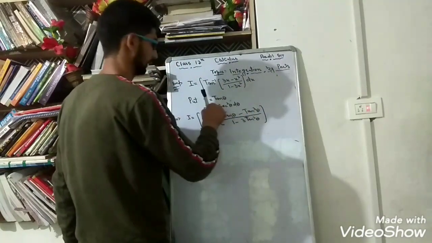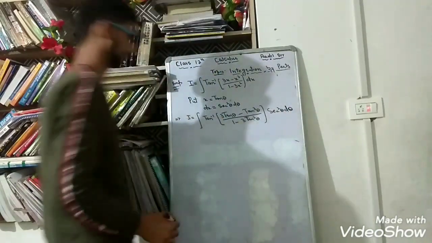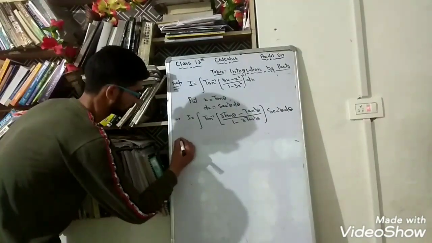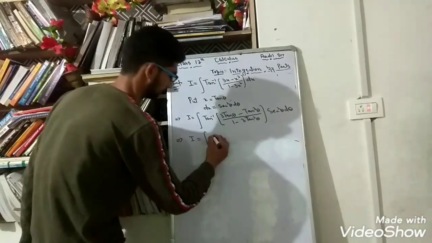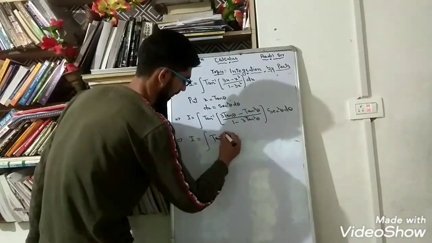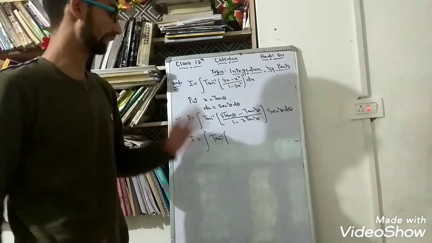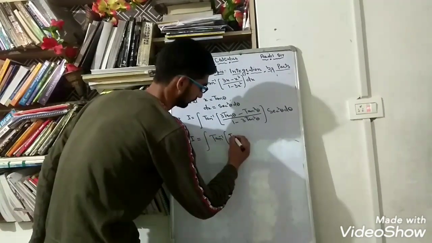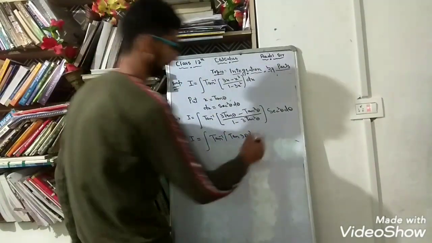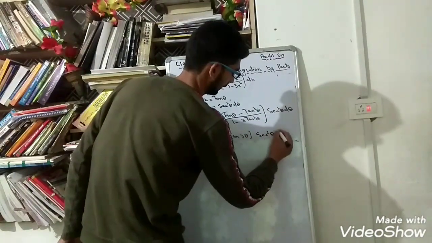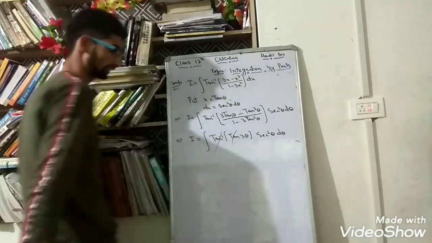Then dx we have sec square theta d theta. Which implies I equals tan inverse of 3 tan theta minus tan cube theta divided by 1 minus 3 tan square theta, that is equal to tan 3 theta. I already told you this. And then we have sec square theta d theta. Now this tan inverse and this tan will get cancelled.